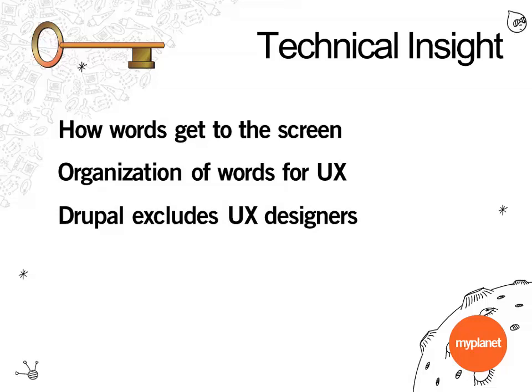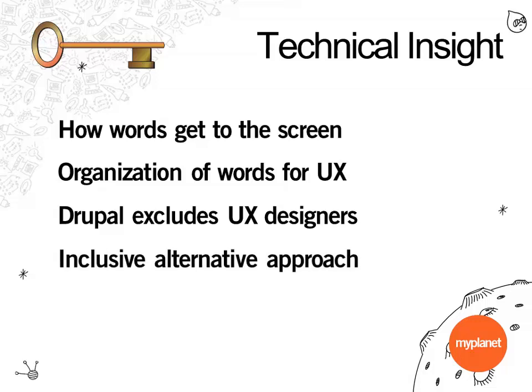I also need to touch on the fact that Drupal currently excludes that dimension of user experience design from those designers. We'll get into it. And then finally, I want to touch on an alternative approach, which is actually inclusive of that perspective from the user experience design perspective. So that's what I'm going to be doing.